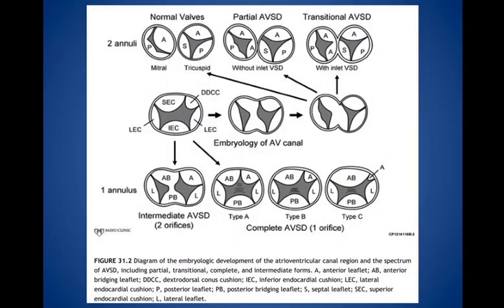And so when these endocardial cushions don't develop normally to form two separate AV valves, it results in an endocardial cushion defect, or in this case, an AVSD. And so depending on the degree of the defect in the AV canal, you can see there are various forms of AVSDs that are created, and really a spectrum of disease.